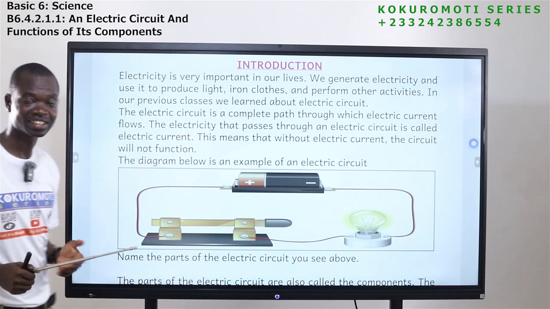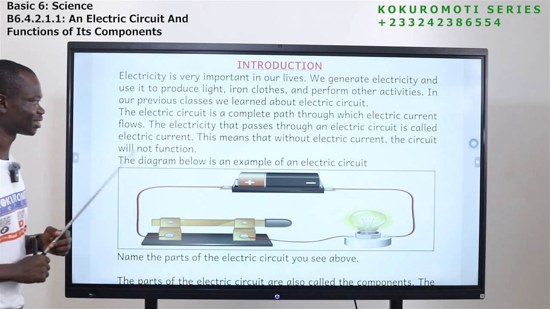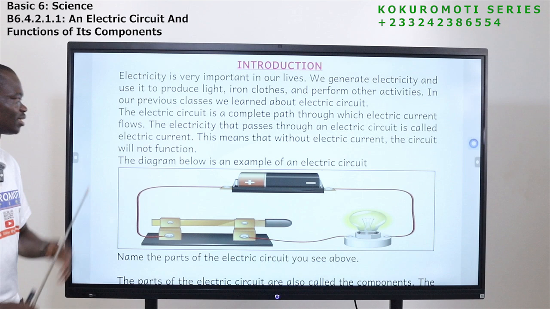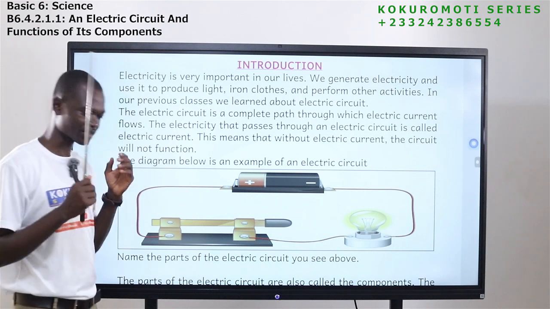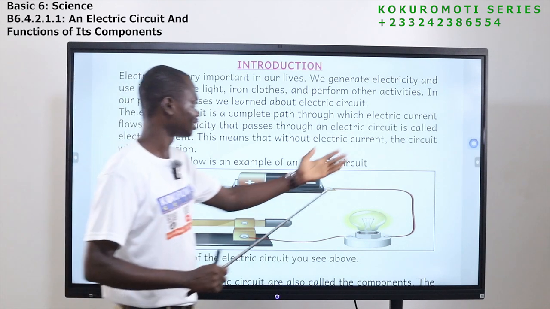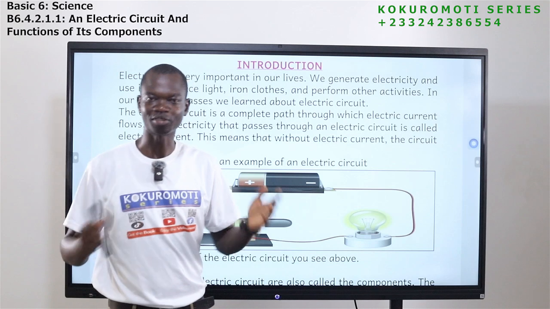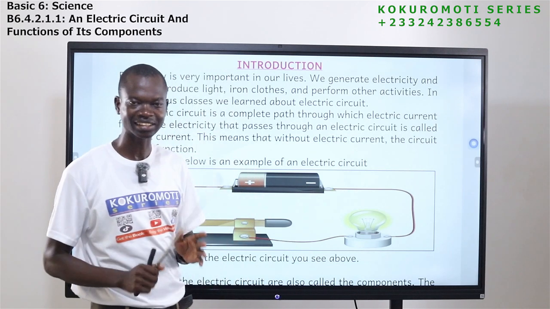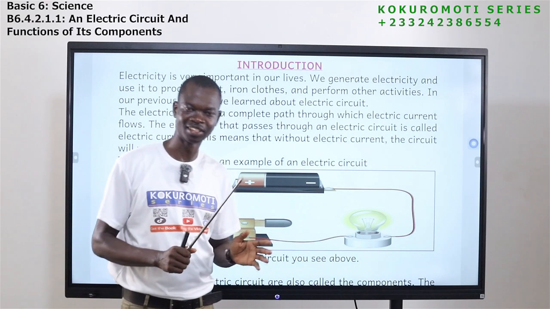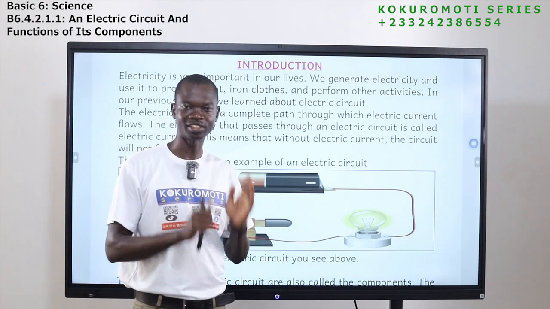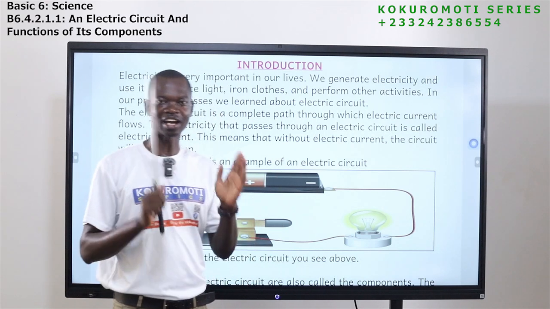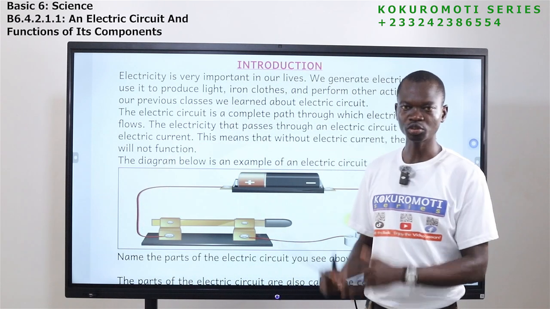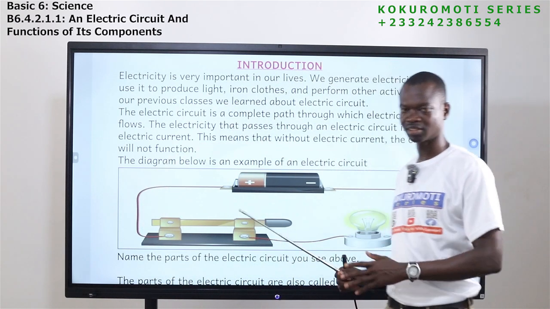The electricity that passes through the circuit is what we call the electric current. So without the electric current, the electric circuit has no function to play. Okay, so we are going to look at the components of the electric circuit. I've explained that the electric circuit is the path through which electric current flows.